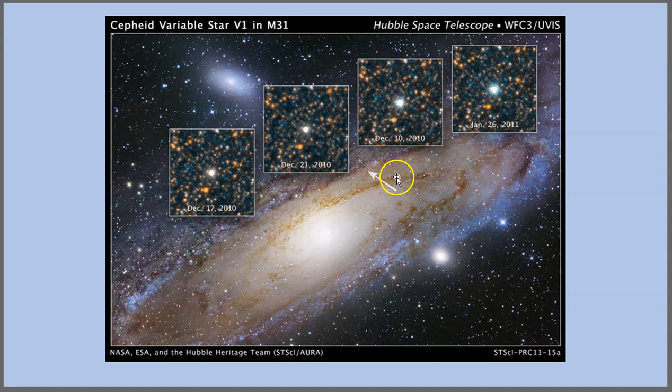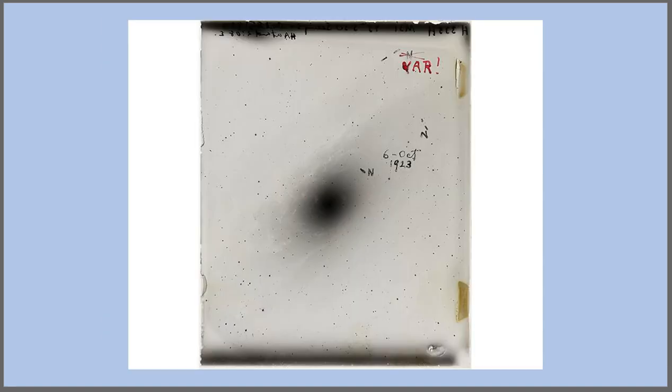So Hubble was very interested in these Cepheid variables because that would allow him to measure the distance to the Andromeda Galaxy itself. If the Cepheid variable was in the Andromeda Galaxy, then measuring its distance would also be measuring the distance to Andromeda. Here's his famous plate.